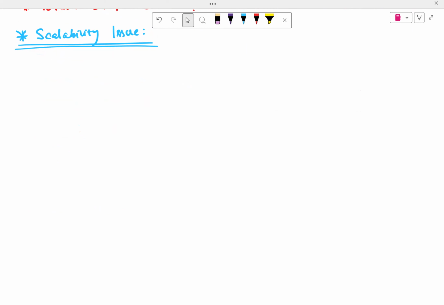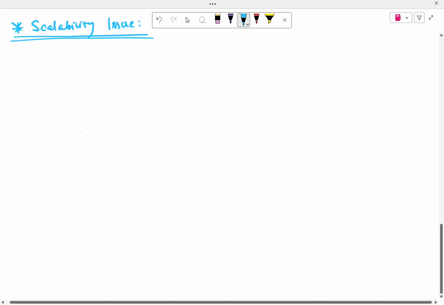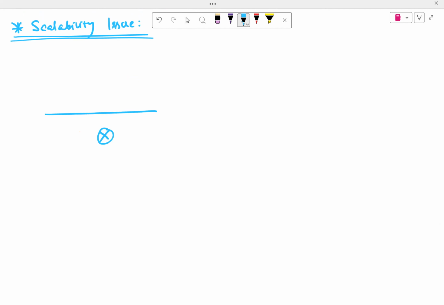Now if there is a router here, and a lot of hosts are connected to this router: host 1, host 2, host 3, host 10.